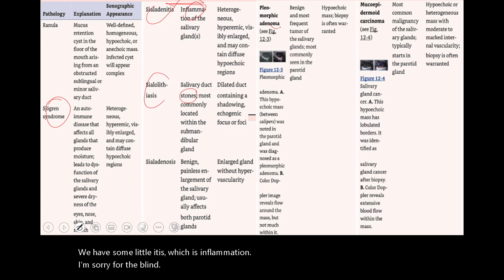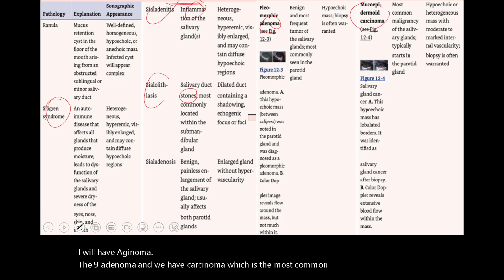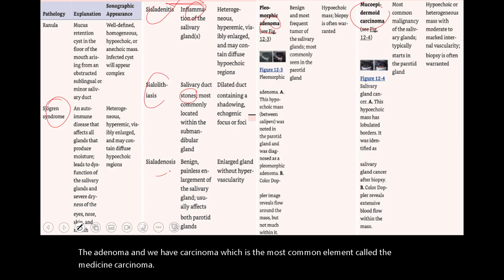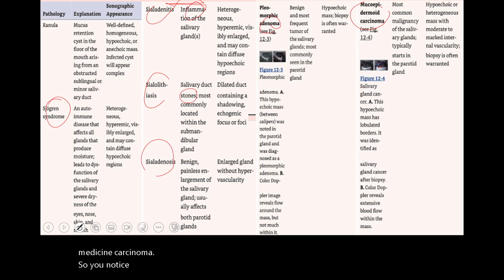We have adenoma, benign adenoma, and we have mucoepidermoid carcinoma, which is the most common malignant one. Sialadenosis is benign painless enlargement of the salivary gland. Ranula is a mucus retention cyst in the floor of the mouth.